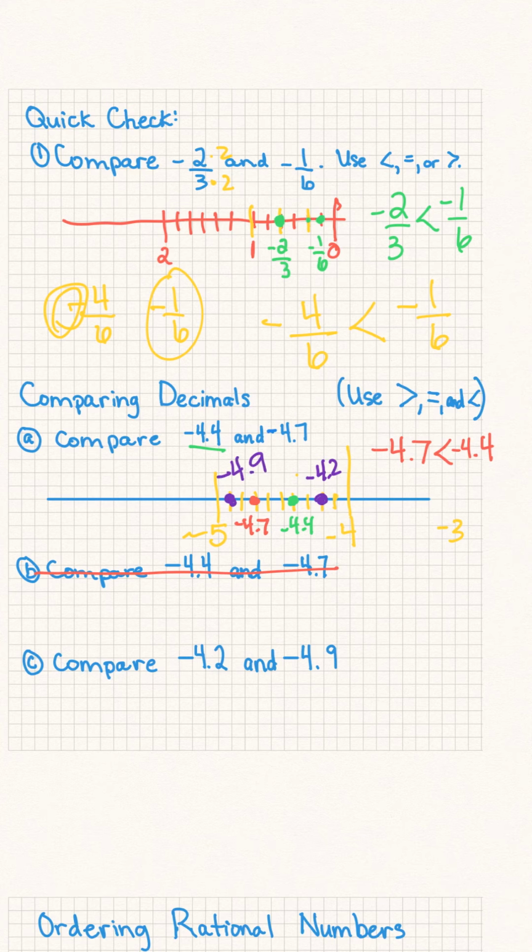Which number is closer to 0? 0 is in this direction. This one. Therefore, it's bigger because we are dealing with the negatives. So negative 4.2 is greater than negative 4.9.